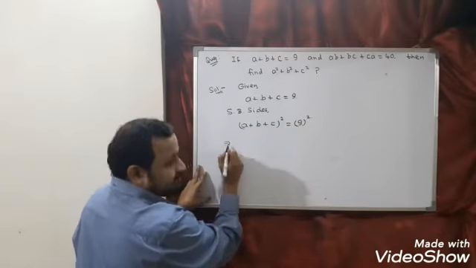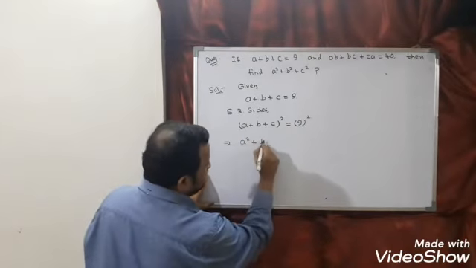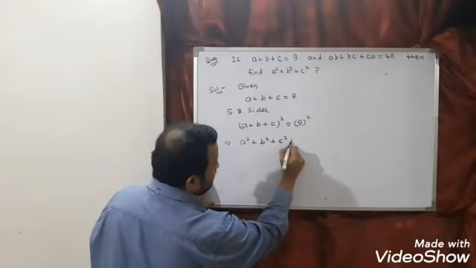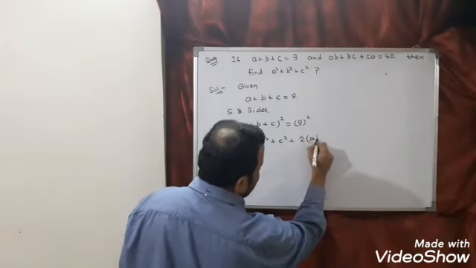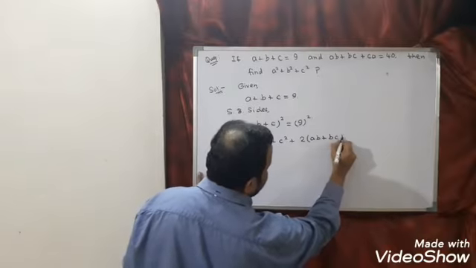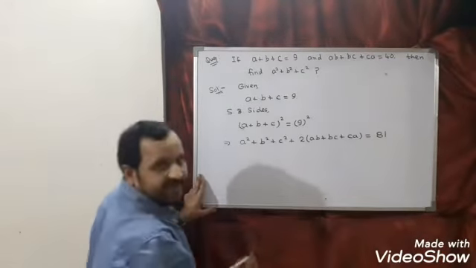What is the a plus b plus c whole square formula? We can write it as a square plus b square plus c square plus 2 times ab plus bc plus ca is equal to 9 square, which is 81.